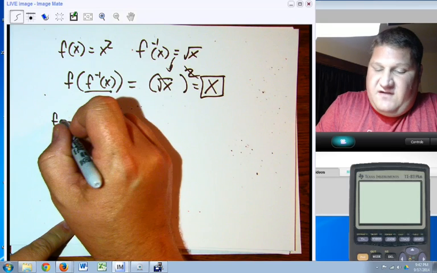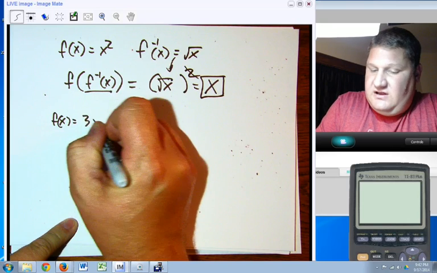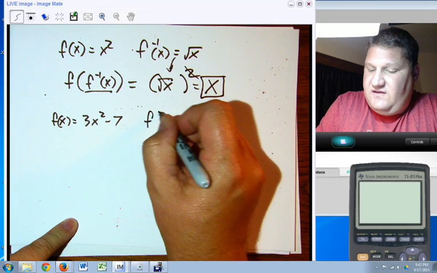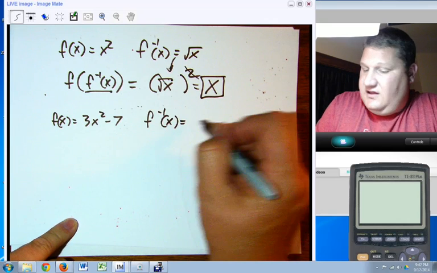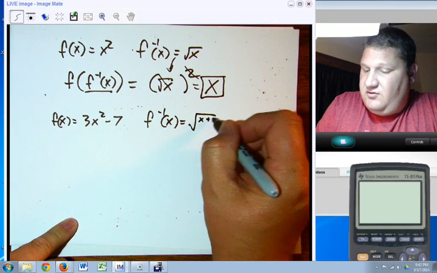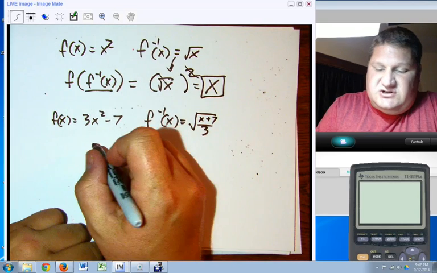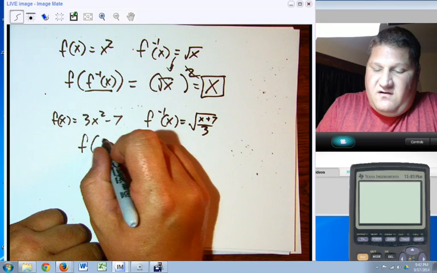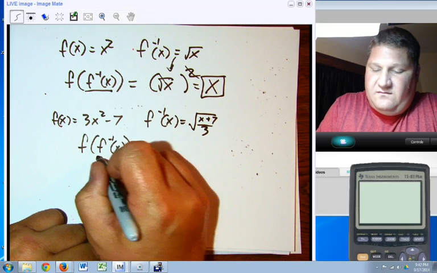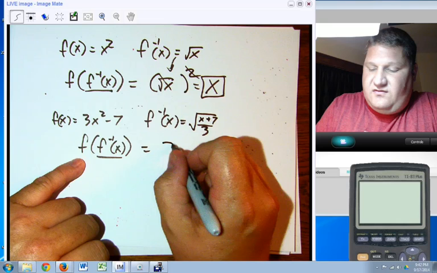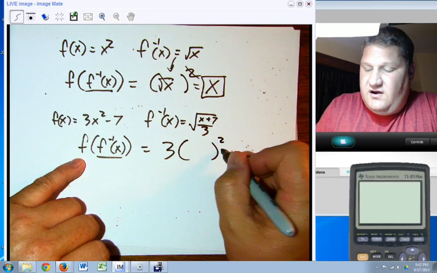Well, let's do this. If I have f of x equals 3x squared minus 7, and f inverse of x equals the square root of (x plus 7) over 3, I want to do the composition. So I'm going to say f of f inverse of x. And so I'm going to say 3 times something squared, minus 7.